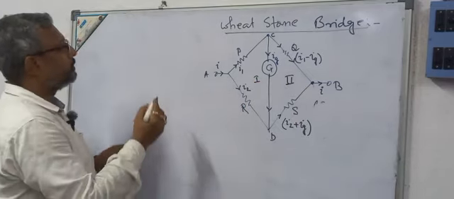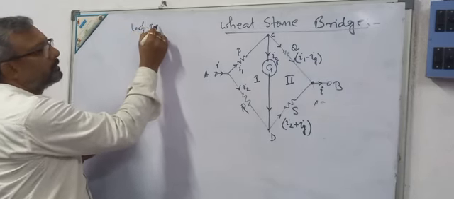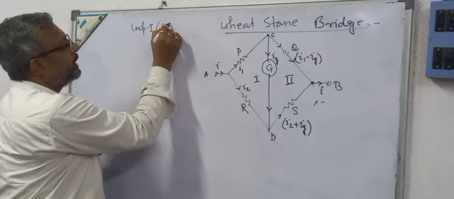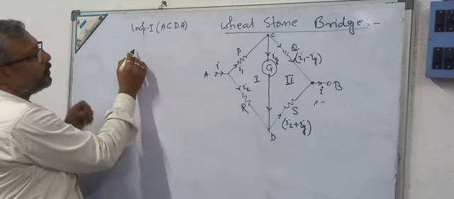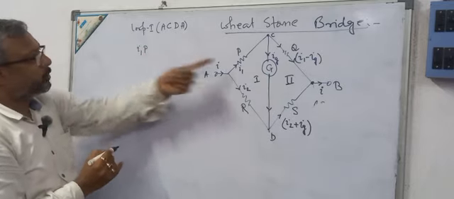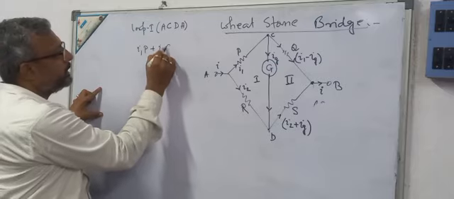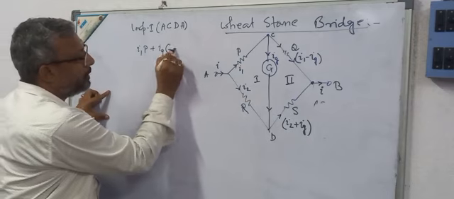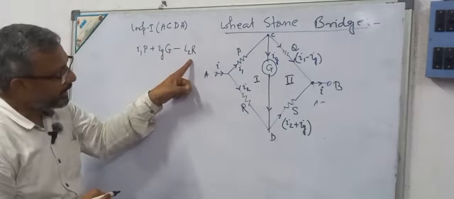Now for the first loop, that is loop 1, I am considering A, C, D and A. For this loop it will be I1 into P, that is the potential drop across the P resistance, plus I suffix G into G, the potential drop across the galvanometer, and then minus I2 into R. Why am I writing minus?